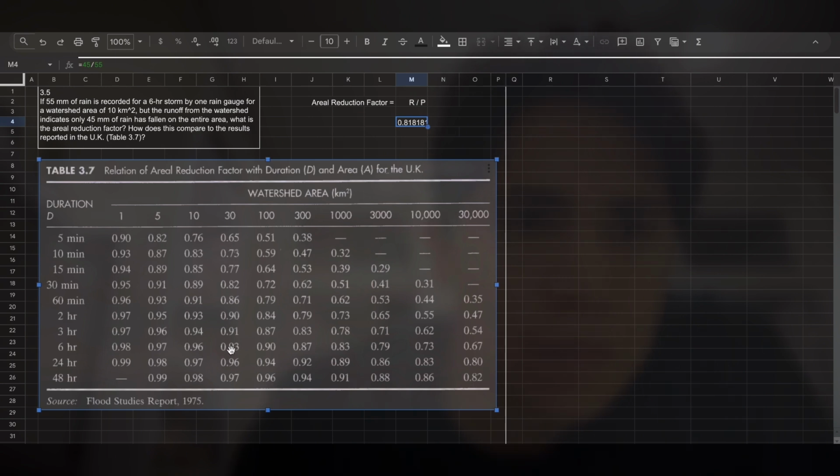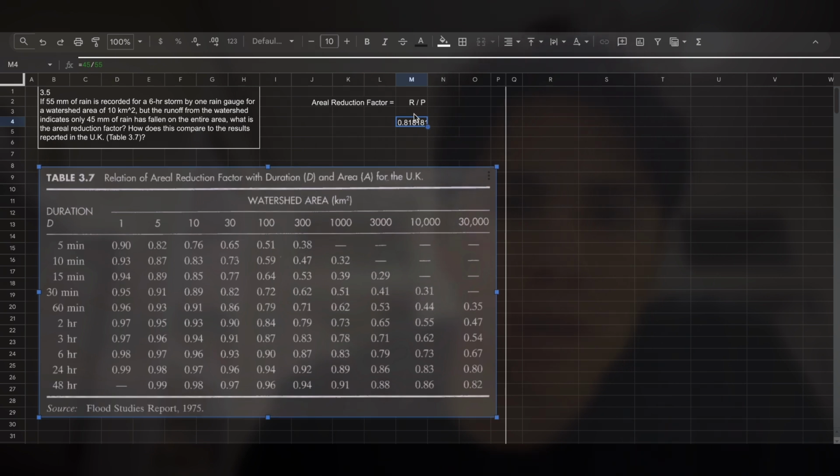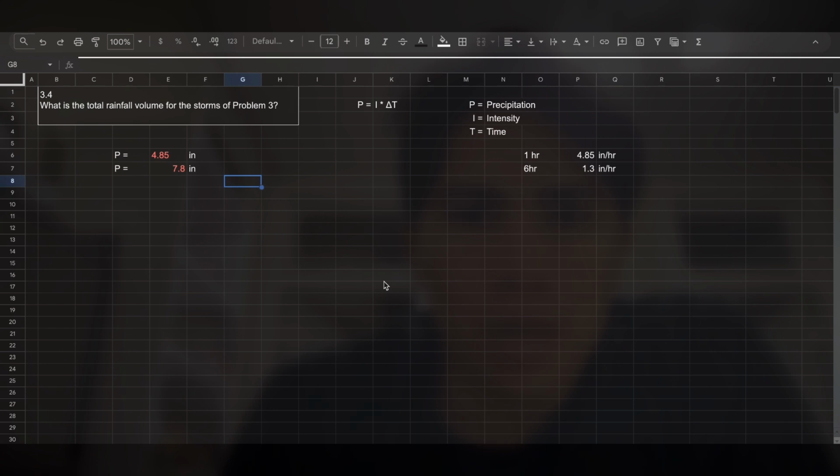The area is 10 square kilometers, so according to this table, the area reduction factor will be 0.96, and comparing both, we can tell that our value in our case is much lower than the ones reported for the UK. So yeah, a few new concepts and graphs that we need to get familiar with. I hope this video was helpful, and good luck solving these problems on your own.